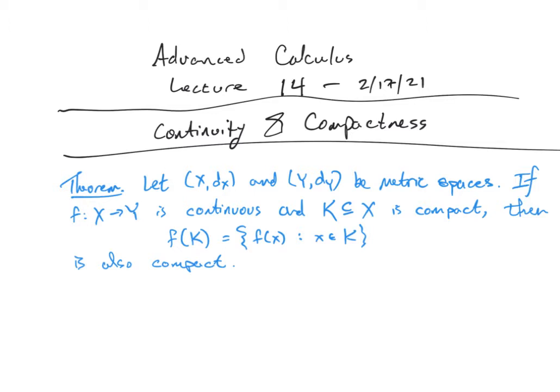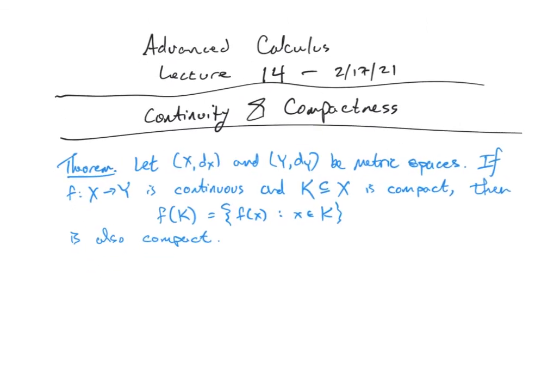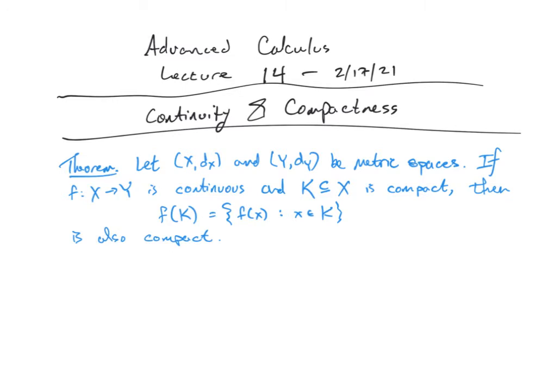So we could save a few words there, but this is the same thing. So we've just got a compact set in the domain. It's mapped to a compact set. Any questions about what the theorem says?